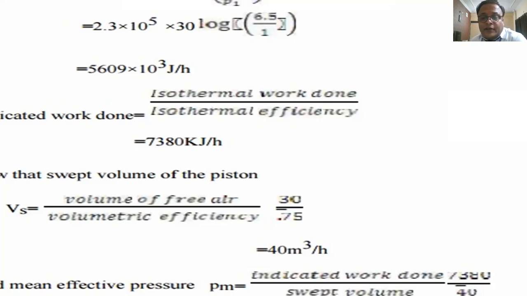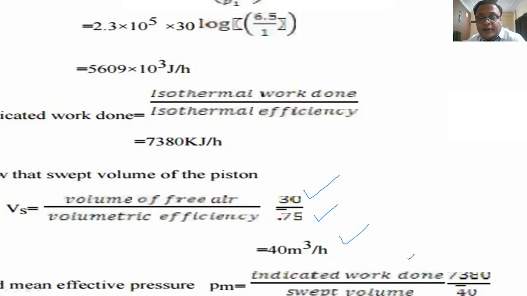How much actual air comes in and how much is the shift volume, the ratio of these two is the volumetric efficiency. So the shaft volume can be calculated as the volume of free air divided by the volumetric efficiency. The volumetric efficiency is 0.75, that is 75%, and the volume of free air is 30. It becomes 40 meter cube per hour.